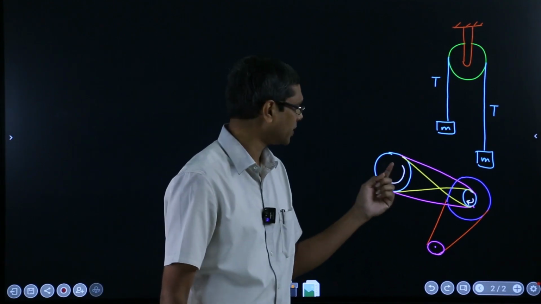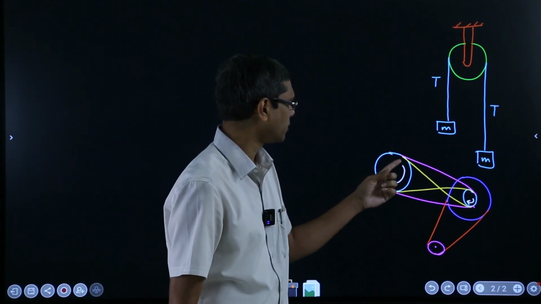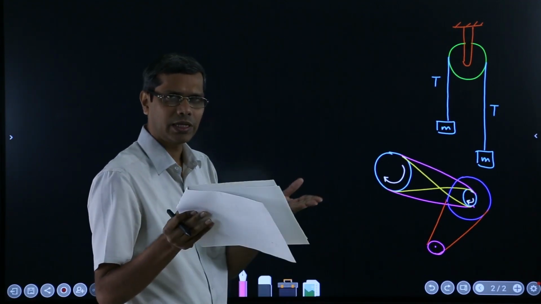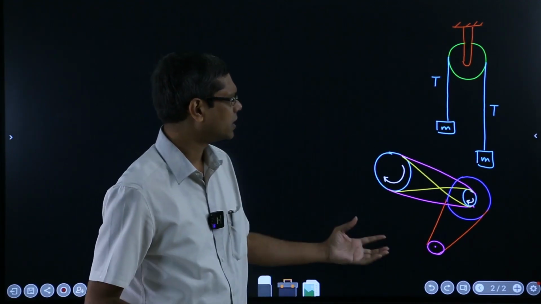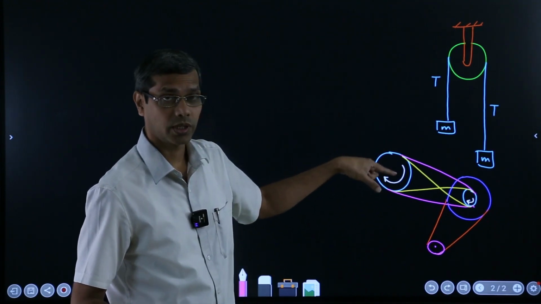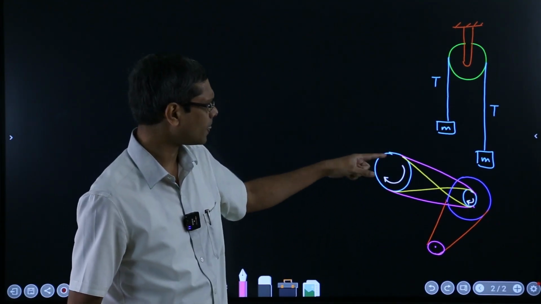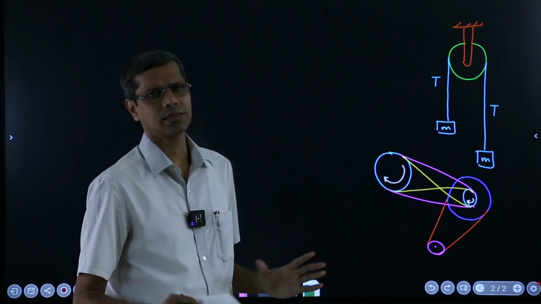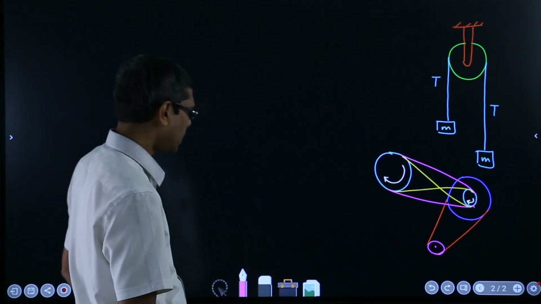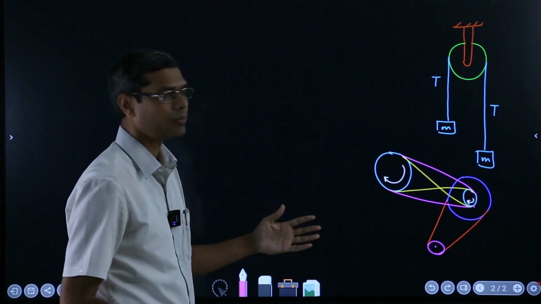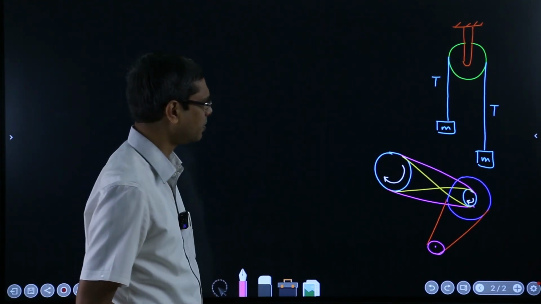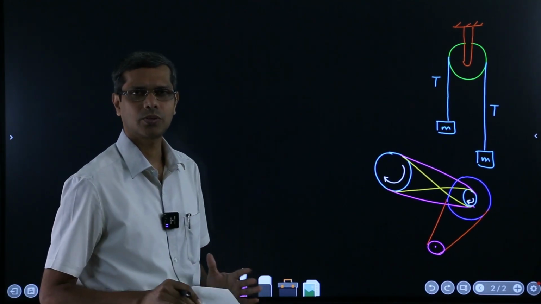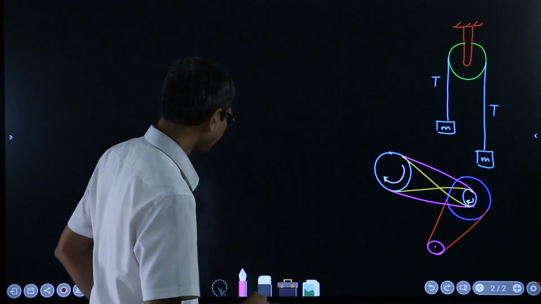Similarly, one more complexity can come in when you have belts that are not flat but V-shaped. Then you can consider that these are rotating at a very high speed maybe, so the centrifugal action of the belts comes into the picture. Details are there and a lot of things can be discussed. If time permits, we can even see them in a different segment, but in this segment we are going to talk only about the simple concepts of pulley friction.